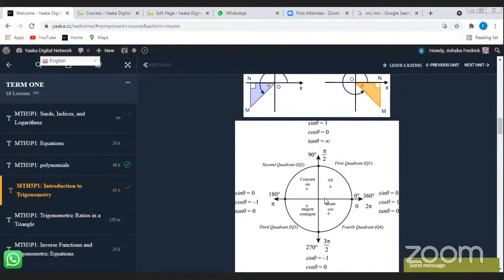But our emphasis should be on all, then sine, tan, and cos, because these other ones are the inverses. 1 over sine gives you cosecant, then 1 over tan gives you cotangent, and 1 over cos gives you secant. And our angles are measured from the x-axis, so we move in an anti-clockwise direction.